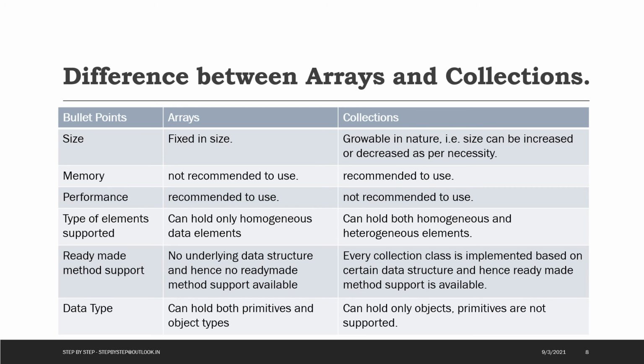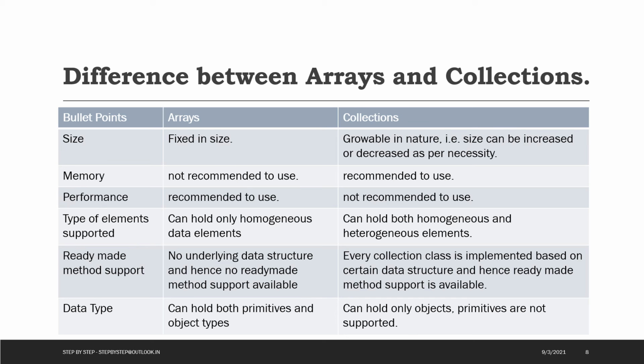And if you're only storing 400, then 100 units of space are unnecessarily allocated, and it's of no use. Whereas in collections, if you are adding 400, only 400 collection space units will be used, and the extra hundred will not be blocked. So that's why it is said that memory wise arrays are not recommended to use, whereas collections are.